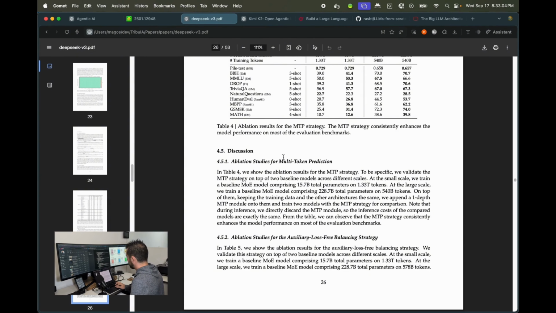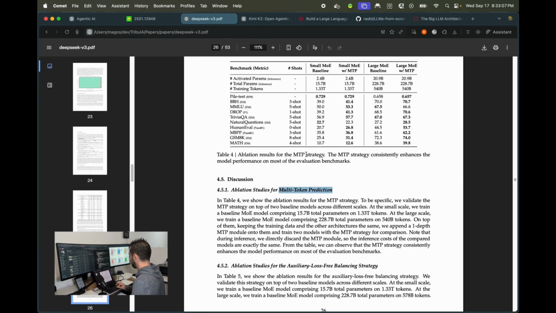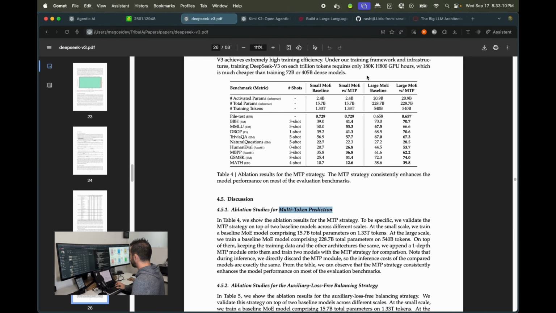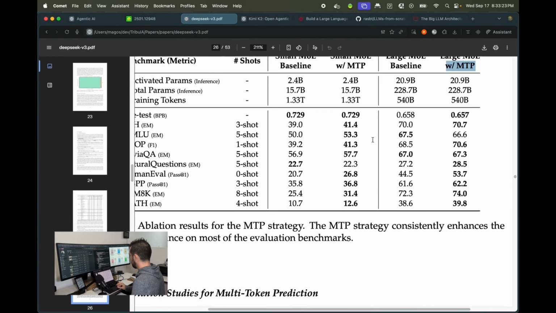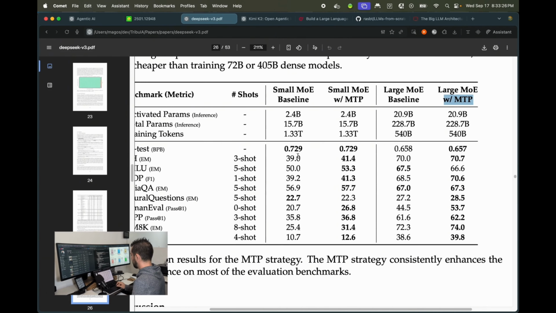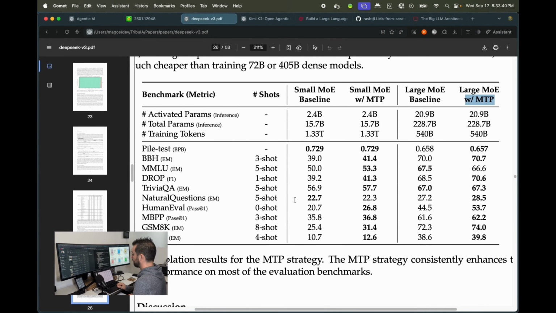For example, here they have something called multi-token prediction, MTP. So they trained two models, one small and one large, and they made a base model and a model with MTP. Again, as I mentioned, the bold text. Here there are some ties or some occasions where there is some improvement in the original version, so it's not always something that might have statistical power or is 100% reliable.